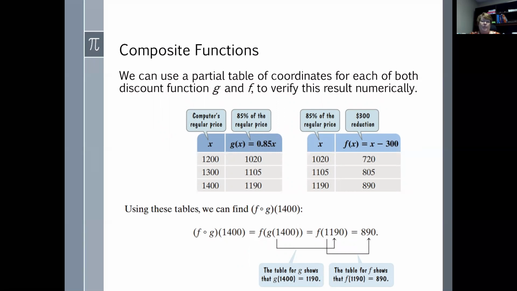So a $1,200 computer would cost you $1,020 if all you got was the 85% of the original price. But if you take that output of g, the $1,020, and make it the input of f, now you're going to subtract $300 from that output, and that would give you $720.